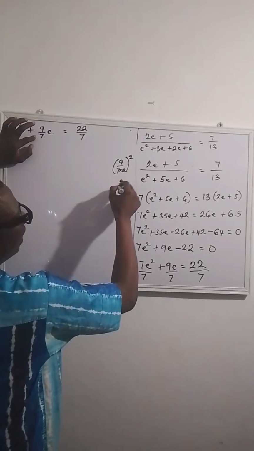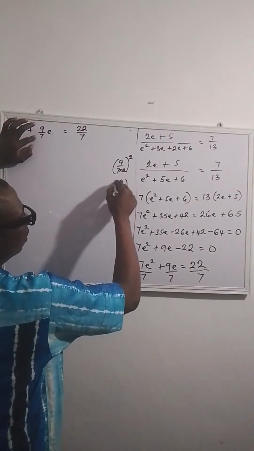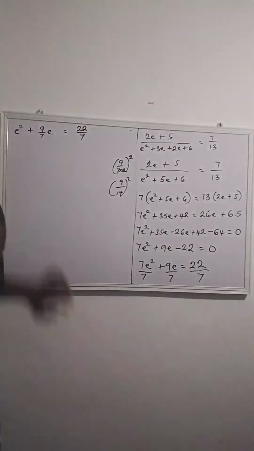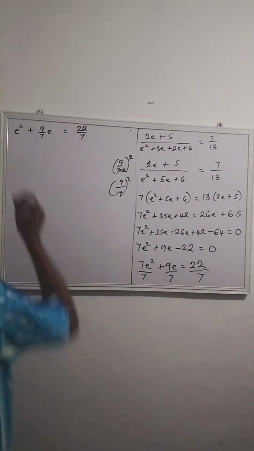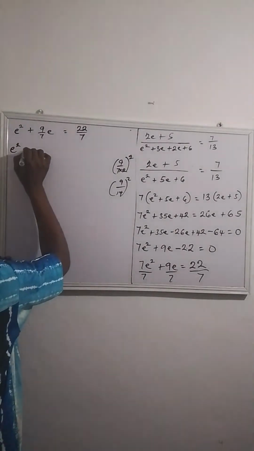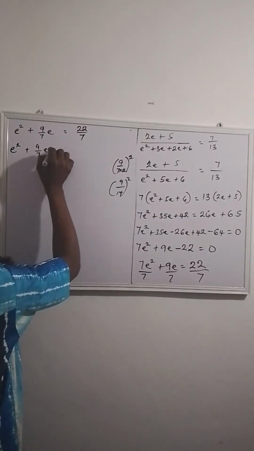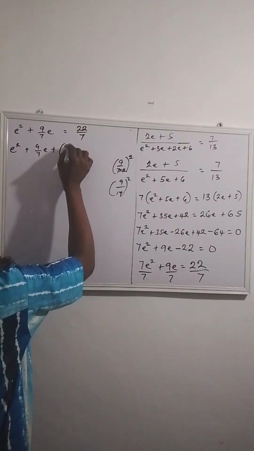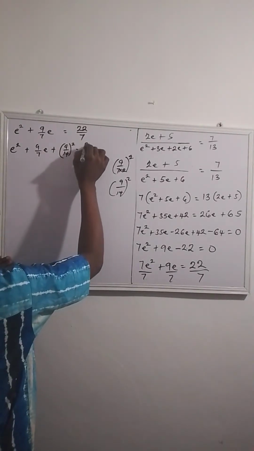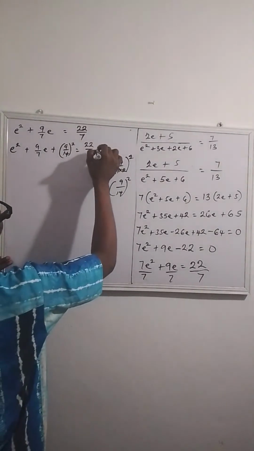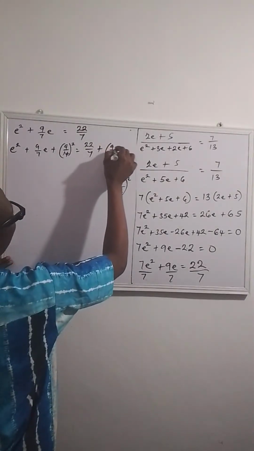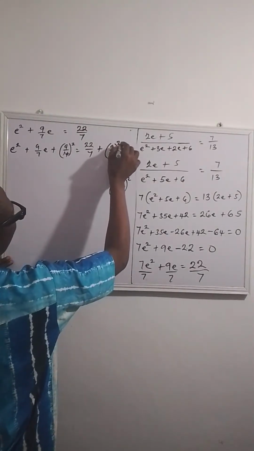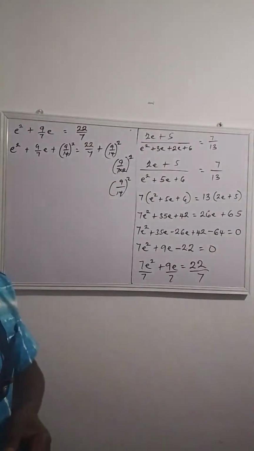So you add 9 over 14 squared to both sides. So now can we do that? So you have e squared plus 9 over 7e plus 9 over 14 squared equals to 22 over 7 plus 9 over 14 squared. Okay?